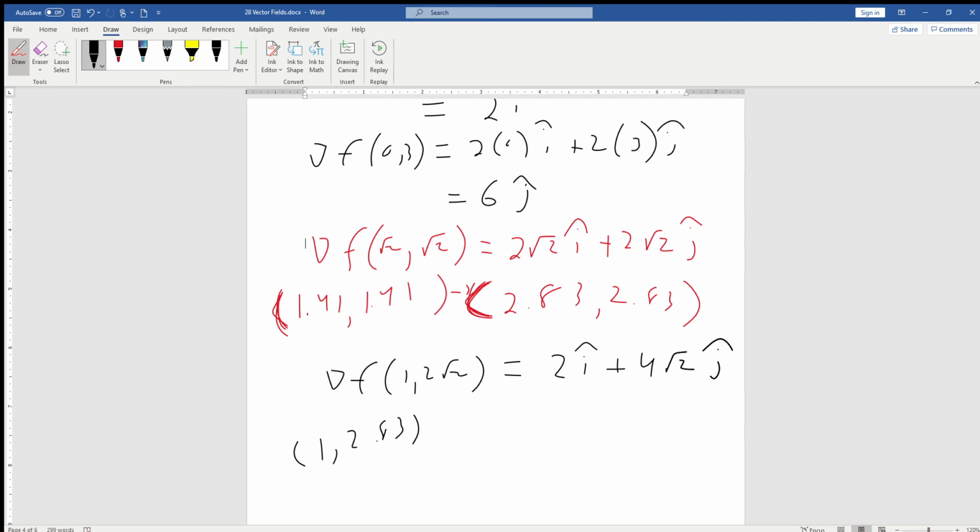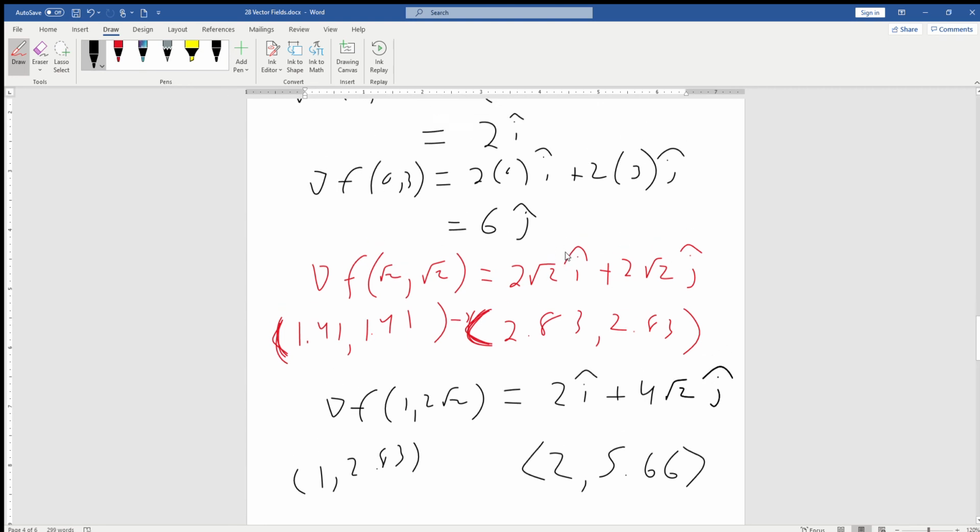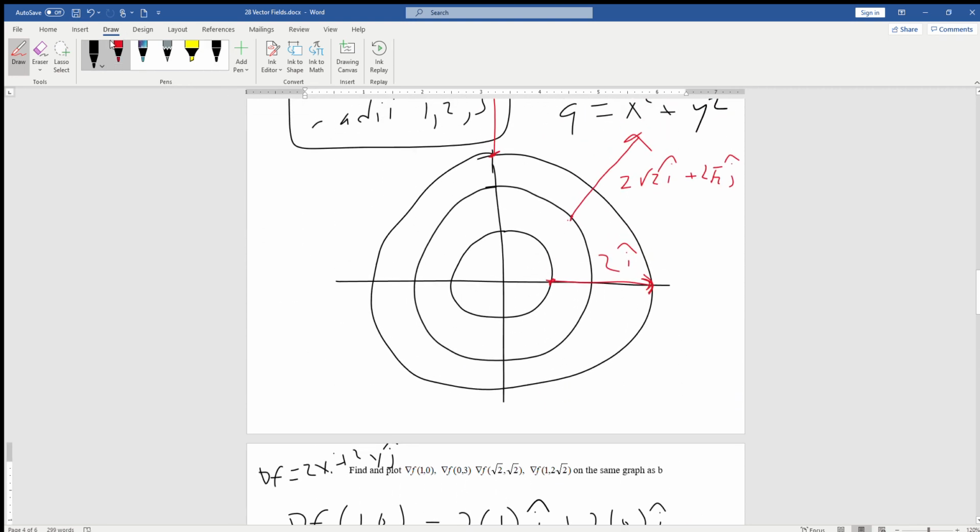Then from there, we're going to have a vector that goes 2 to the right, and then 4 roots of 2 is going to be 5.66 approximately. So we're going to have a pretty steep curve that time. So we go to the point (1, 2.83), which is probably right about here.